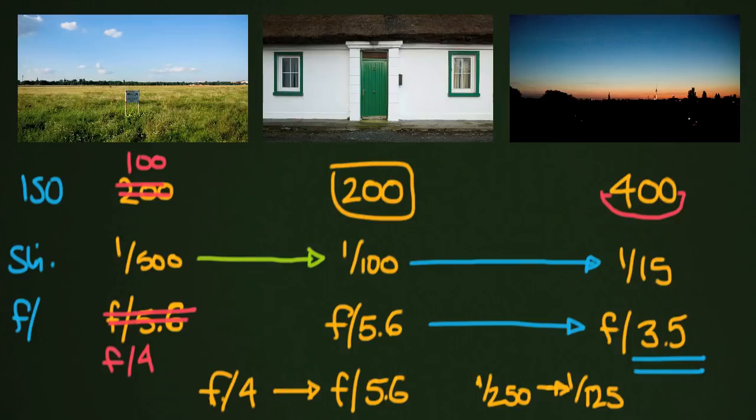So you've moved one stop here, so we've got minus one stop. So now we need to add a stop somewhere else, so we've added our stop here. And the same thing if you were to do that, maybe to this 400 here. Say you were to take this and make this 100 speed film. Well, that's two stops, so we've got minus two stops here.